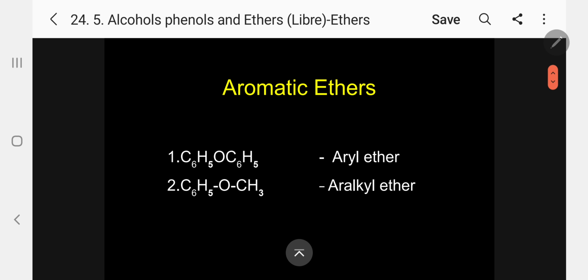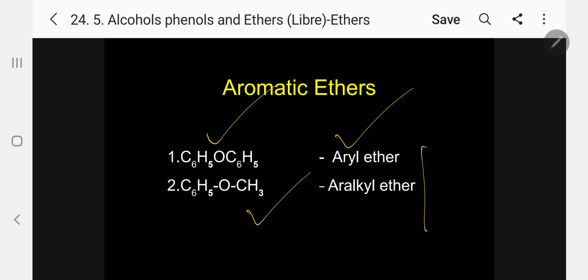So in this case, kindly follow. The first case is diphenyl ether, that is nothing but aryl ether. Both sides aromatic. This is alkyl ether. One is phenyl group, other side is methyl. So, alkyl ether. Kindly, please memorize this. One among the following is aryl ether, one among the following is alkyl ether. Question can be asked.